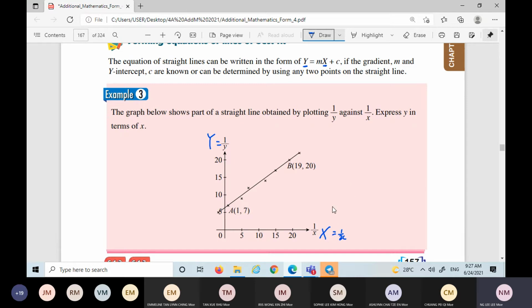So you temporarily make the vertical axis the capital letter Y and the horizontal axis the capital letter X. Your equation temporarily is left as capital letter Y equals m capital letter X plus C. Afterwards, only replace the capital letter Y with 1 over y, and capital letter X with 1 over x.